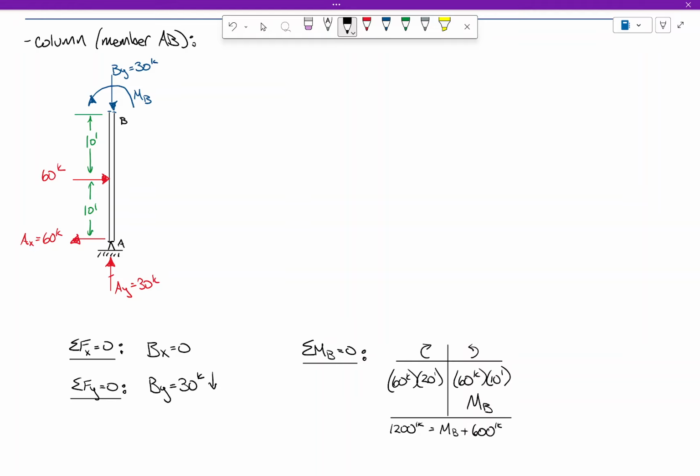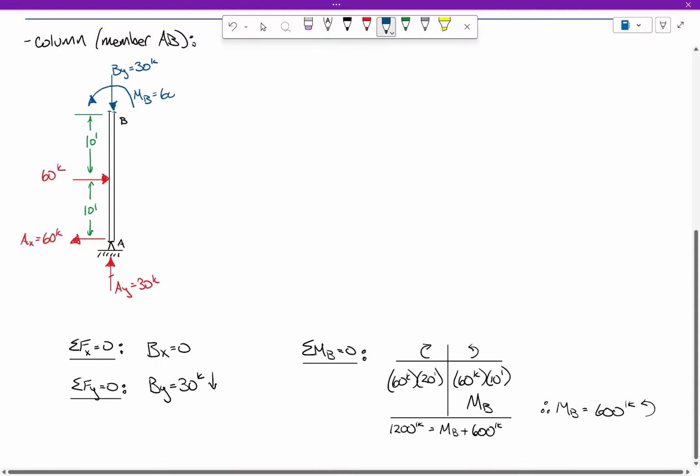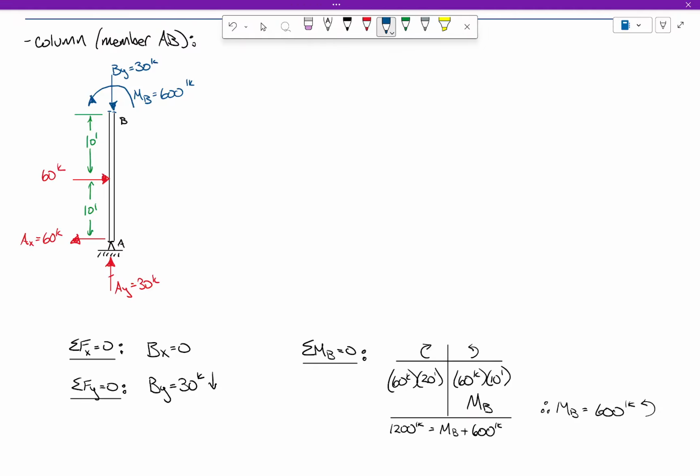So 60 times 20 is 1,200. 60 times 10 is 600. MB. That means that MB is like that. All right, does that make sense? Not bad, right?